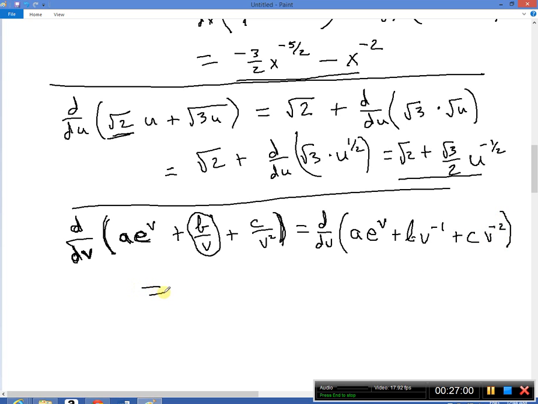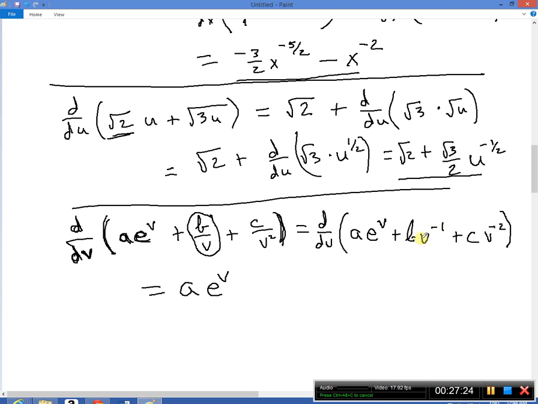The derivative of the sum is the sum of the derivatives. Derivative of the first guy, the a sits there while you take the derivative of e to the v with respect to v. And the answer, of course, is e to the v. The exponential function is equal to its own derivative. What's the derivative of b v to the minus 1? B is a constant, so it sits there. The derivative of v to the minus 1 will be minus 1 times v to the minus 2.